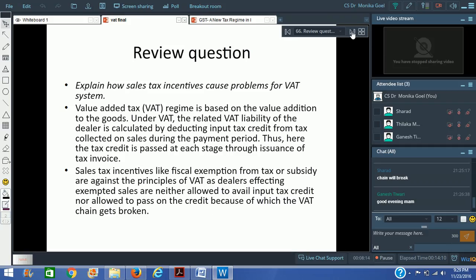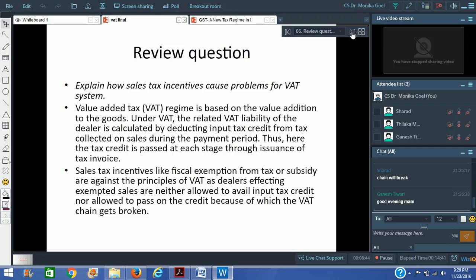Why were these sales tax incentives withdrawn when VAT was implemented? Because VAT wants a system which is similar across the country, and in the VAT system we want to give the input tax credit. But when we talk about incentive schemes, it is a subsidy that you get, or you get an exemption from tax.